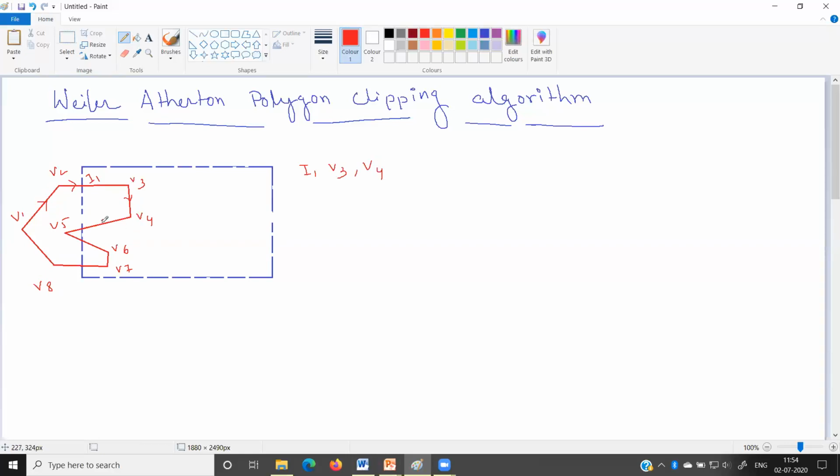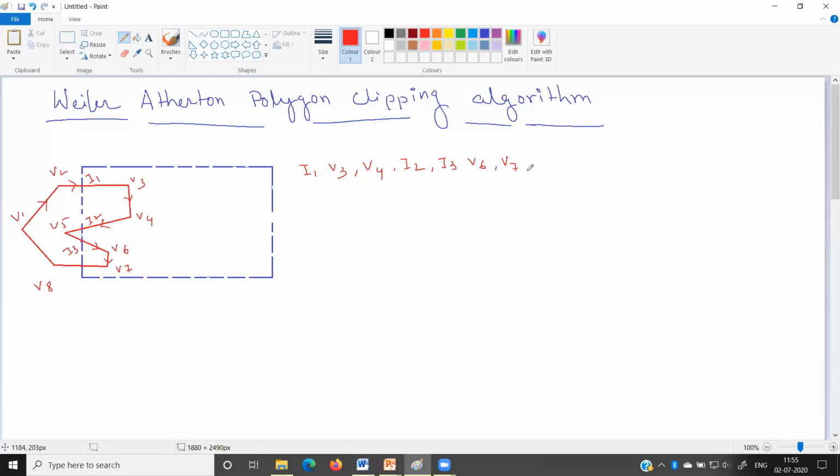While we are traversing from v4 to v5, v5 is outside and let us say the intersection point is I2. That means I need to store I2 only. Fine. Now, while we are moving from v5 to v6, there is an intersection point which is I3, this point. So I need to store I3 and v6 both. Now, while we are moving from v6 to v7, both points are inside.